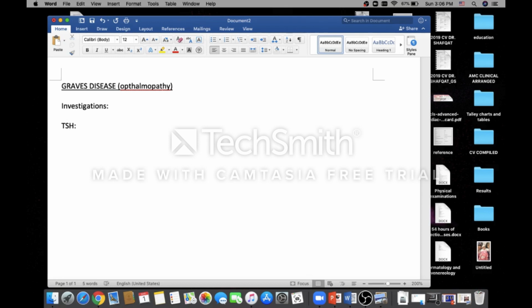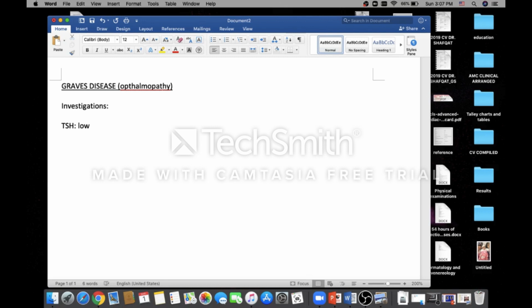The thyroid is stimulated by autoantibodies, which means no matter whether the thyroid stimulating hormone is present or not, those autoantibodies will keep on stimulating the thyroid gland. As they keep stimulating it, the T3 and T4 will go back to the pituitary and give a negative feedback, and the pituitary will stop making TSH, so the TSH level will be low.